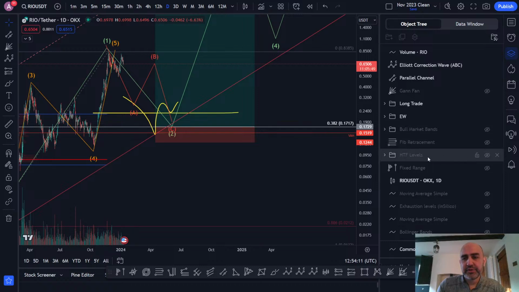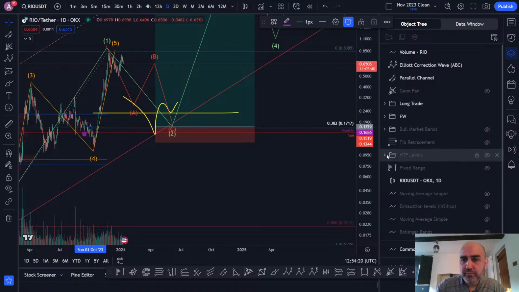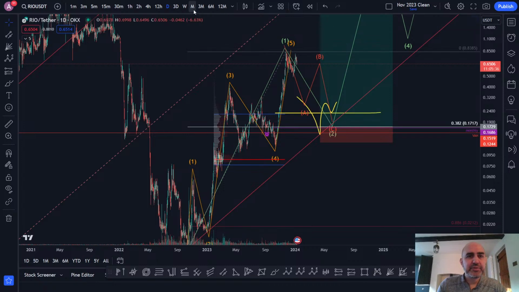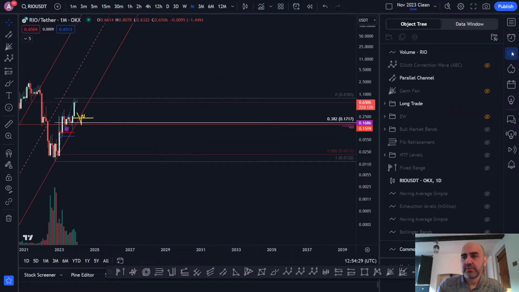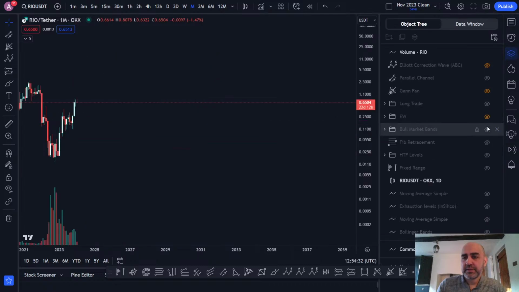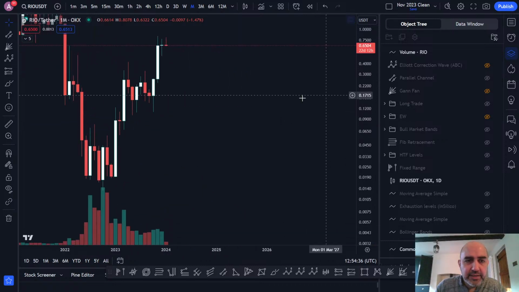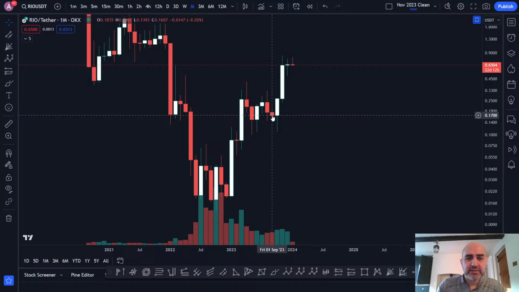And also on these higher time frame levels, I've got this monthly level which I've marked out. Let me bring it into my long trade, this one. This monthly level. And what a monthly level is, when you look at the monthly candles, let me just hide these, and you see this red candle here, and it squares off with this green candle to go up.